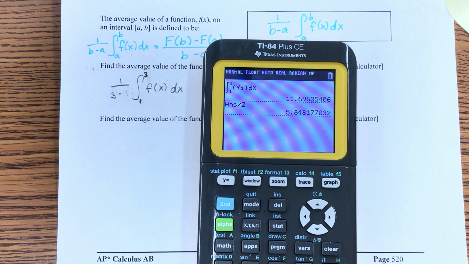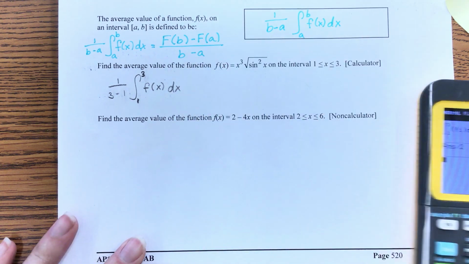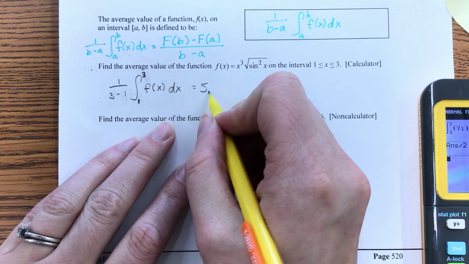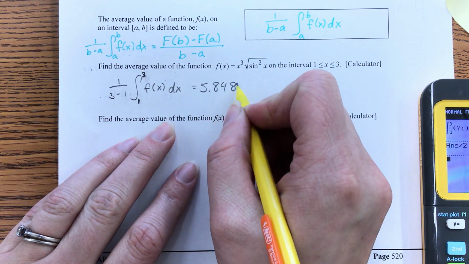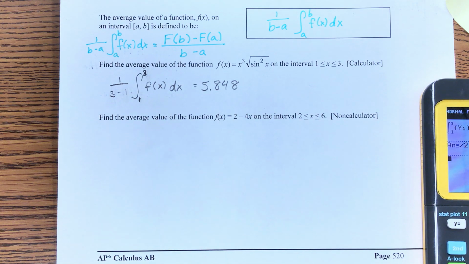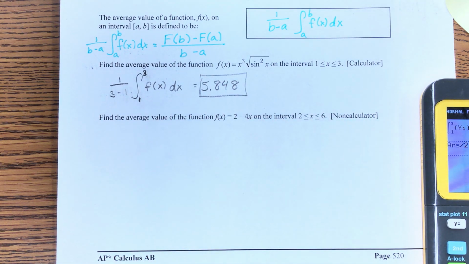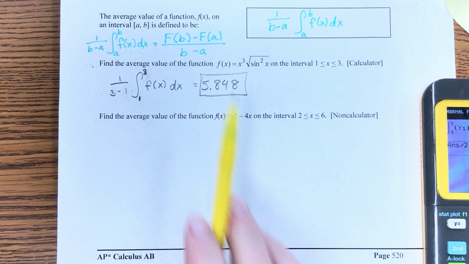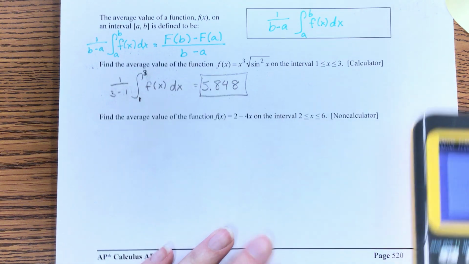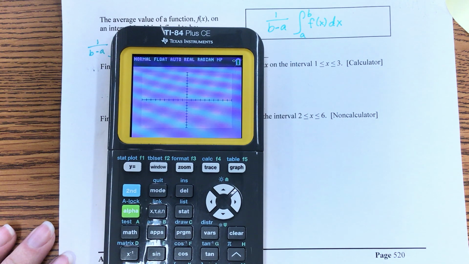Our answer here is 5.848 because of our 3 decimal places. And we are not given any labels, so that is it. That's the average value of f of x. This is the height that, actually, let's graph it. Why not? It'll take a million years, that's why not. Woo!